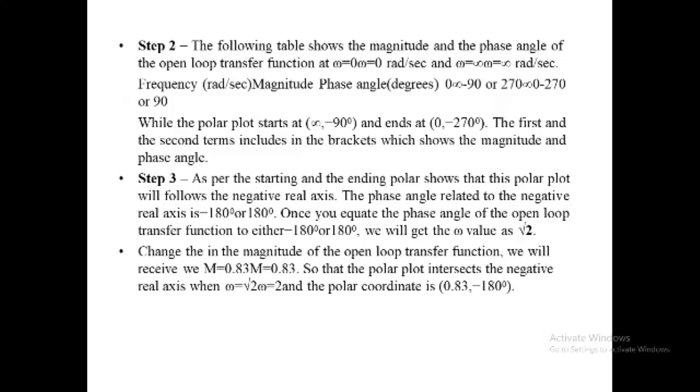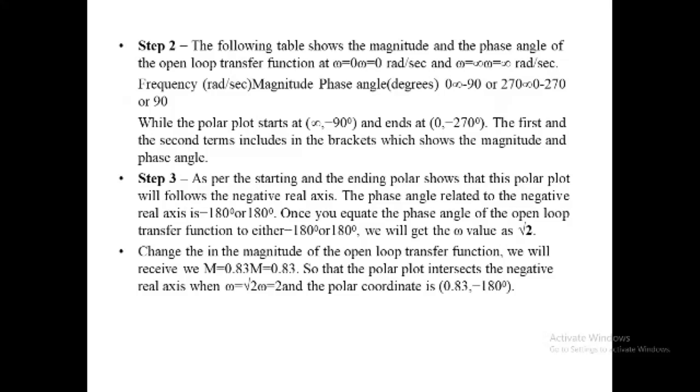The first and second terms are included in the bracket, which shows the magnitude and phase angle of this particular polar plot. And the last step is that, as per the starting and ending points, this polar plot will cross the negative real axis.